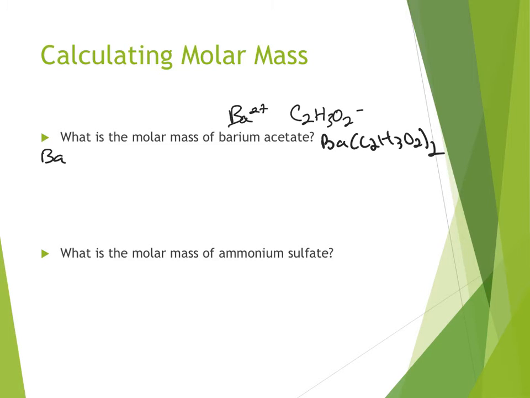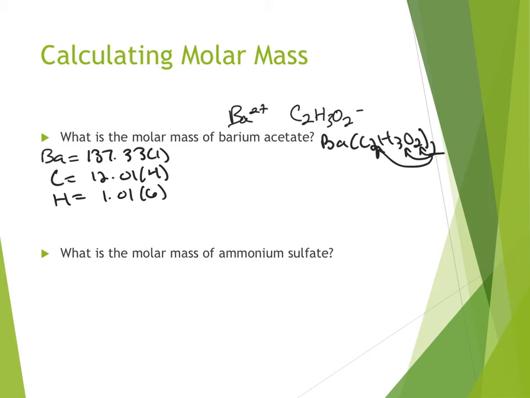So barium has a mass of 137.33, and there's 1 barium in this formula. Carbon is 12.01, and there are 4 carbons in the formula because this 2 here distributes and multiplies. So hydrogen is 1.01.